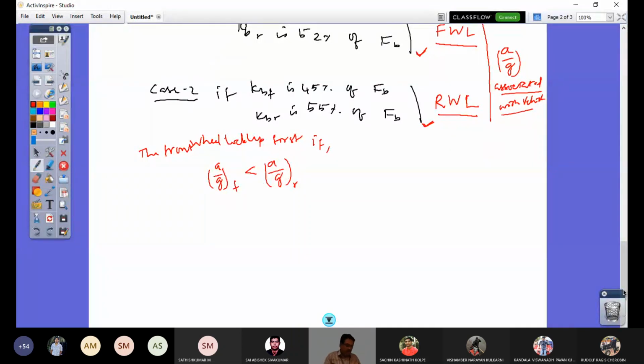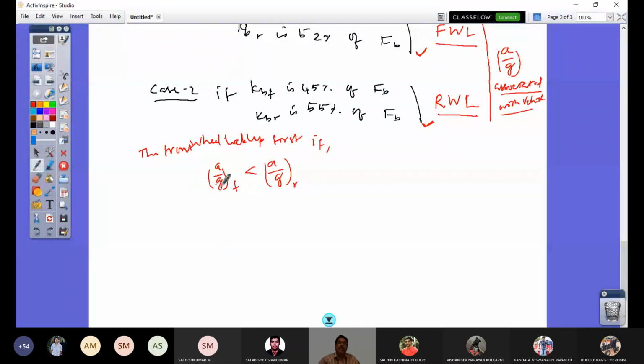I have to look at the deceleration associated with my vehicle in G units, that is A by G, which is dimensionless. So A by G front is less than A by G R.